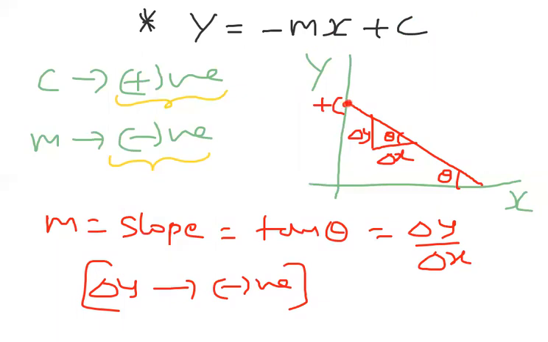Positive means the graph touches the positive y-axis, and we draw it downward like that. Like that, we discussed straight line graphs. Let us check parabola now.